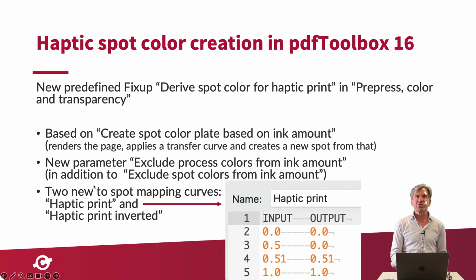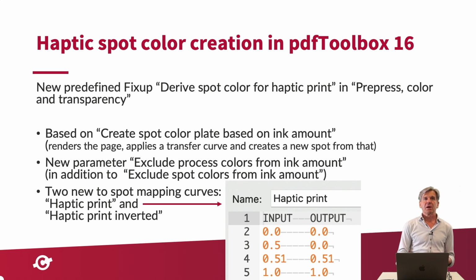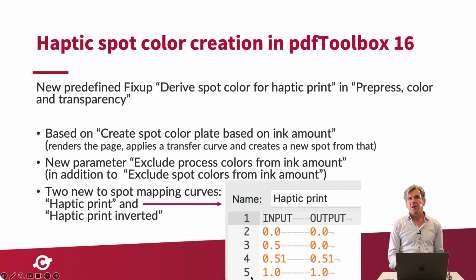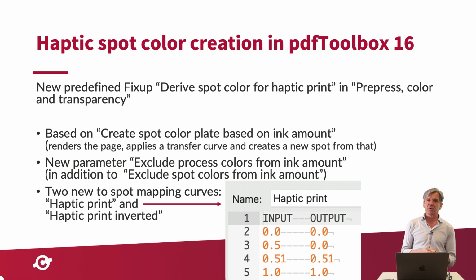And then the other thing that we've changed, you have two predefined transfer curves, one haptic print, and that is used in this predefined fix-up, and then there is another one that is not used in any of the predefined fix-ups, that is haptic print inverted. And you can easily see here what this is going to do: wherever you have ink below 50%, nothing is happening.